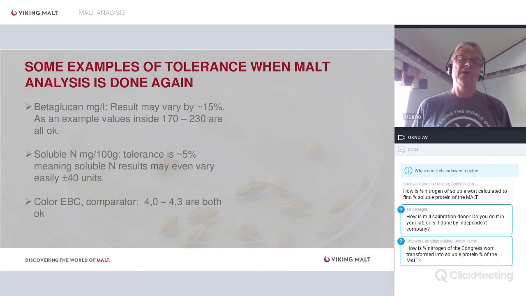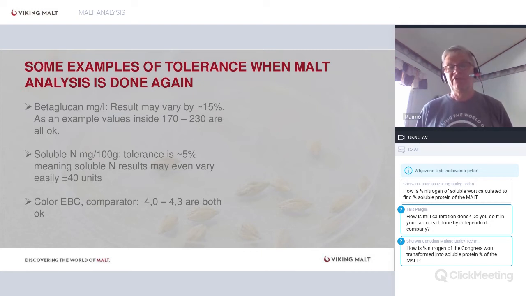That's actually quite a big variation, and by that way you can think, if there's some kind of limit value and you get 200 milligrams per liter, and you vary it by 15%, you can say that on another day you might have got 170, and it's as right as the next day somebody would analyze this beta glucan as 230, and it's also right. So no mistake is made, but anyway, there is some tolerance with this analysis.